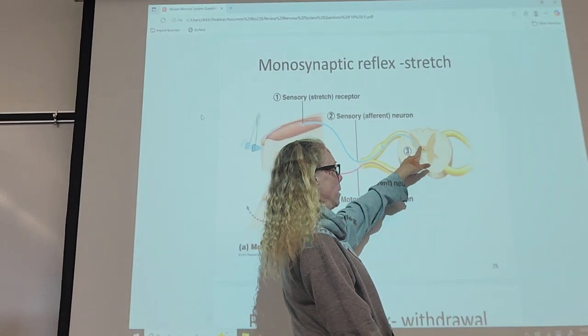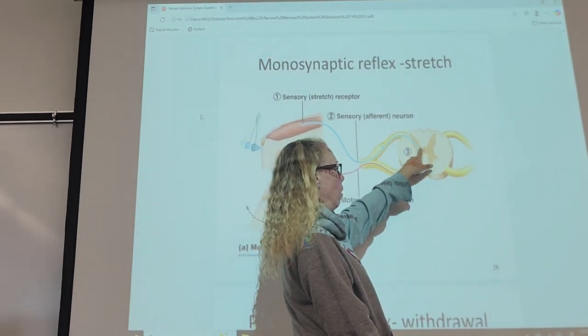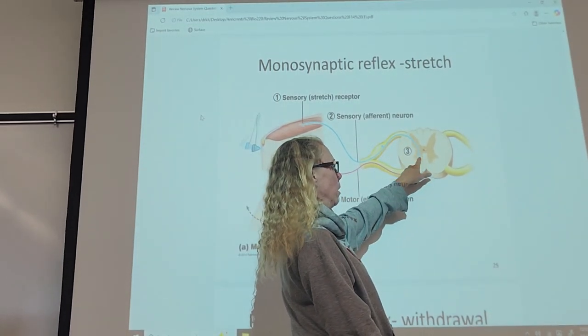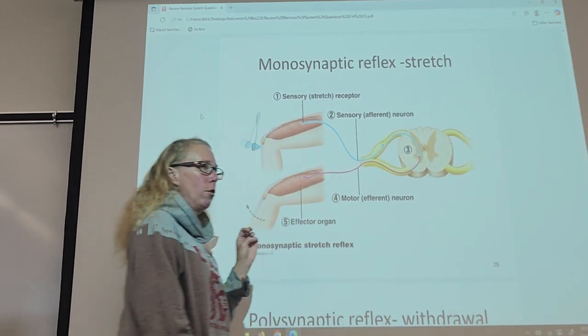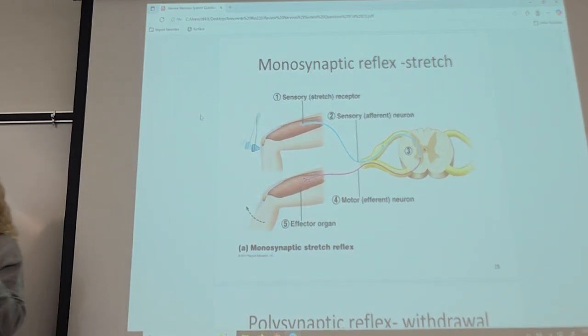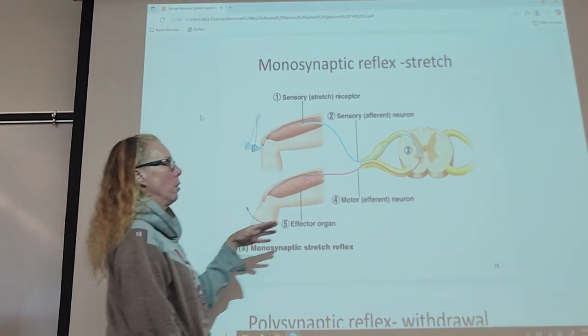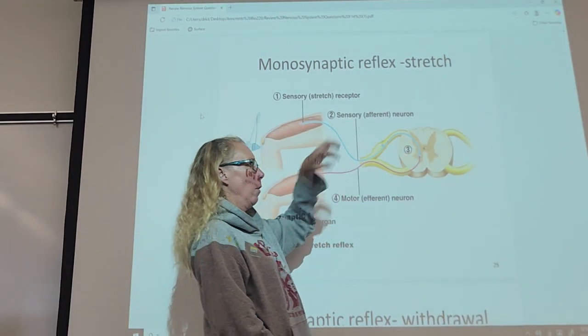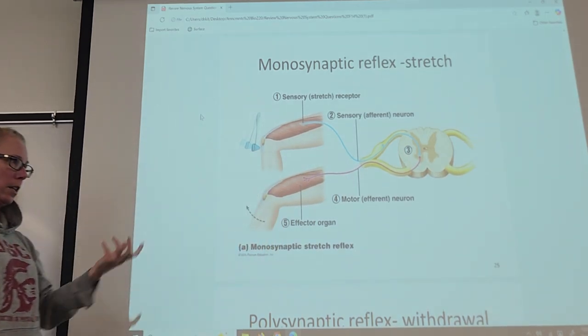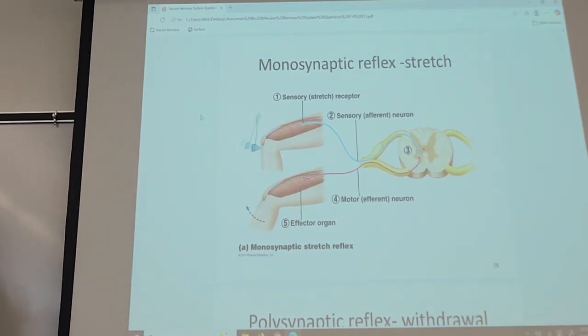So that information comes in through the posterior horn, but it doesn't synapse until it meets that motor neuron in the anterior horn, the cell bodies and dendrites of the motor neuron in the anterior horn. Essentially the integration is the sensory neuron communicating with the motor neuron, and the communication is basically stretch.